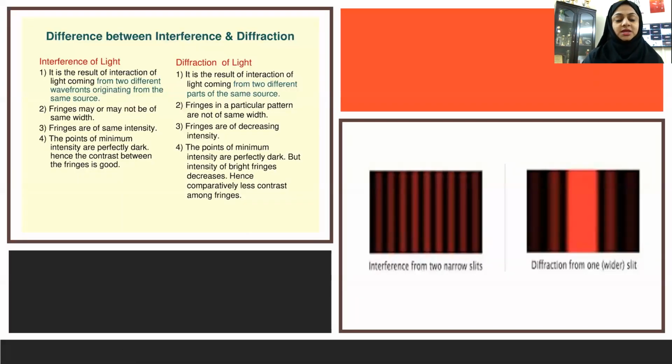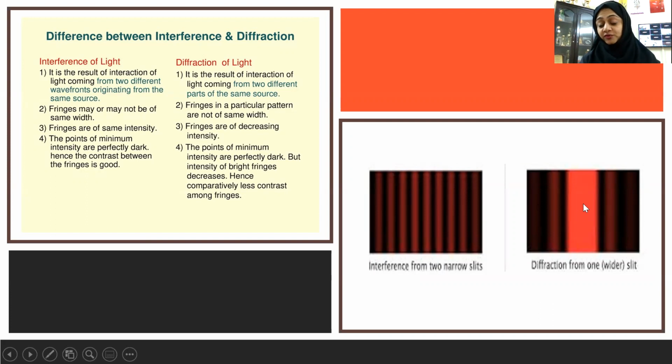Now, let us see the difference between interference and diffraction. Here you can see the interference pattern and the diffraction pattern. What is the striking difference between them? Here in the interference pattern, you can see all these bright lights have the same intensity. Is it so for the diffraction?